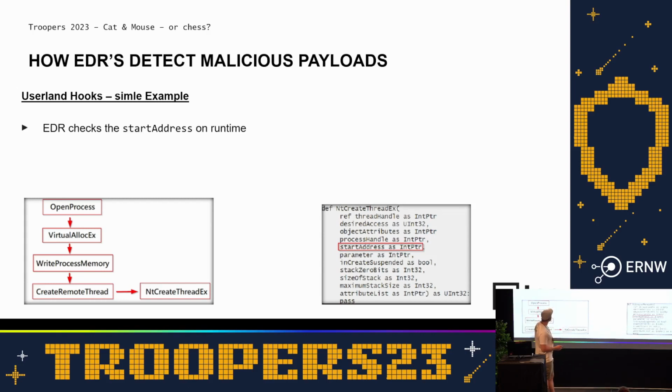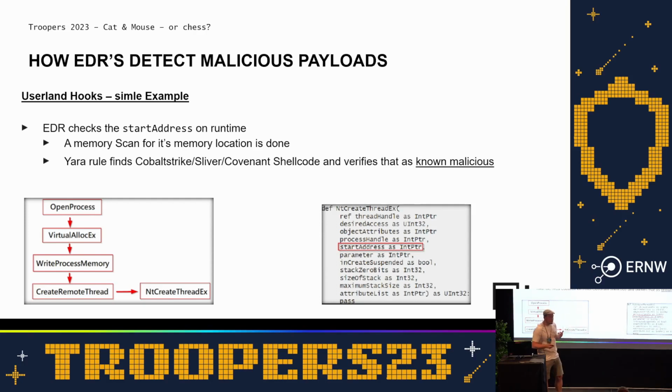And the EDR, if it has a hook placed on NtCreateThreadEx, can check live what is happening and what the start address is, what has to be executed. It can then do, for example, a memory scan for that specific location. With a YARA rule, for example, it could check this specific memory region from the thread that has to be created.